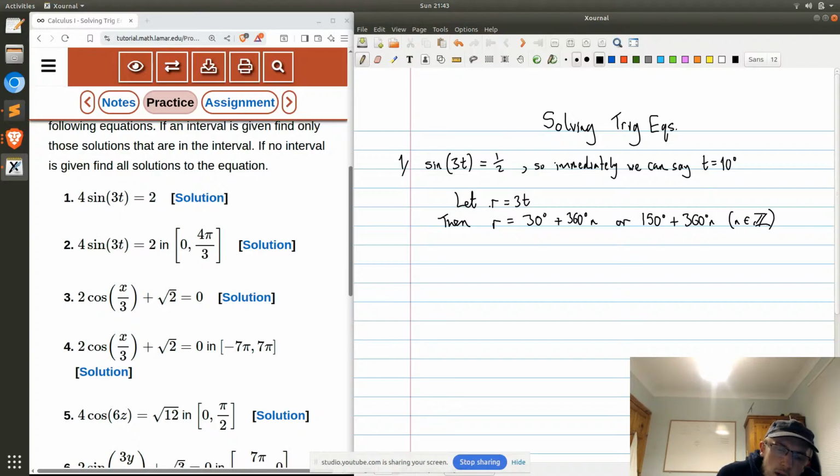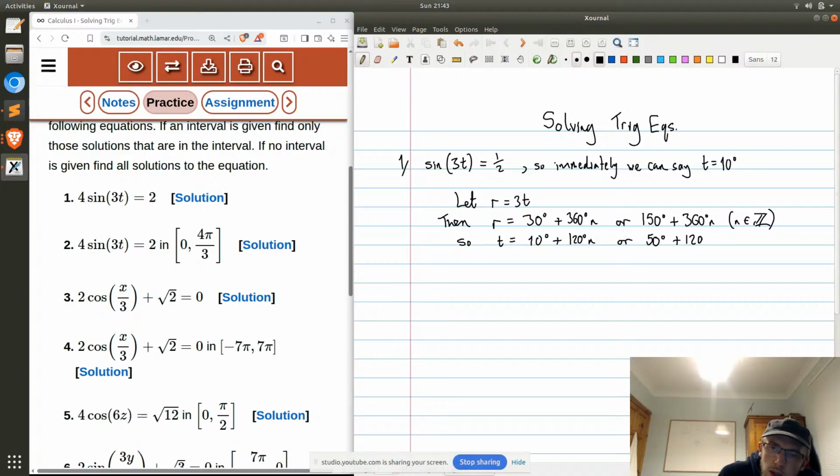And now how to take care of the fact that it's actually 3t. So wouldn't that mean that t is 10 degrees plus 120n, or would be 50 degrees, wouldn't it?